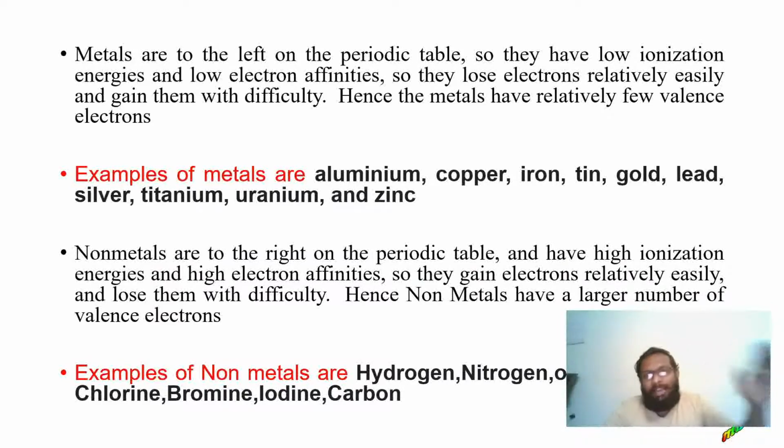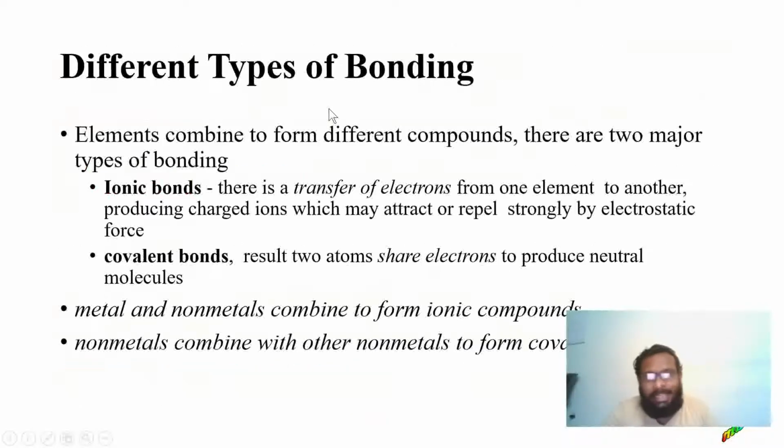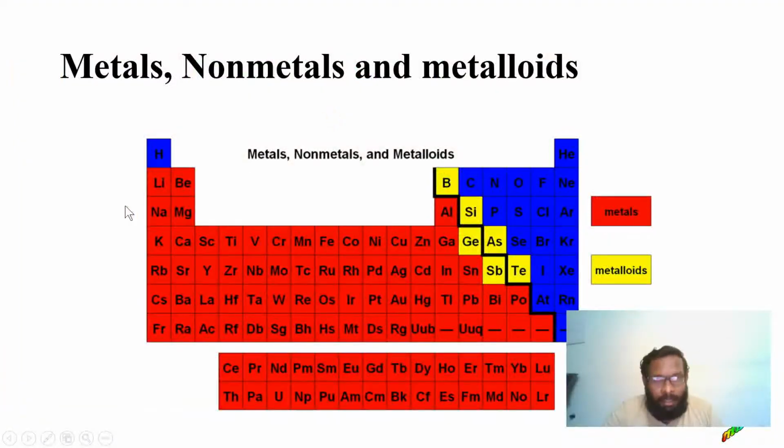Most of the elements in the left part have low ionization energy. Ionization energy is the energy used to hold the valence electrons. All the metals are placed in the left part of the periodic table, which have low ionization energy.